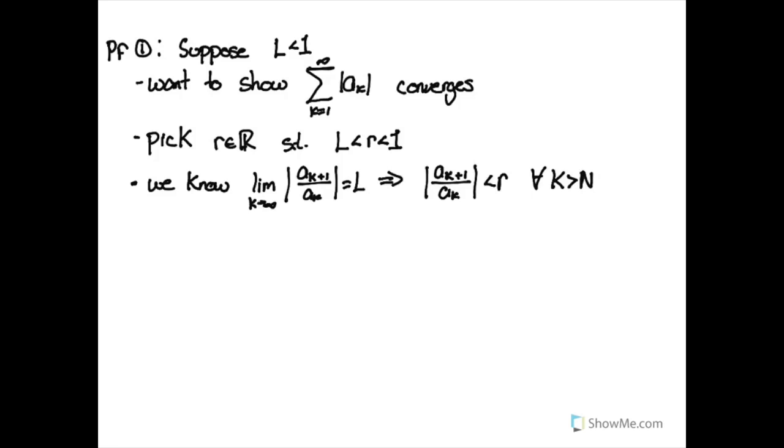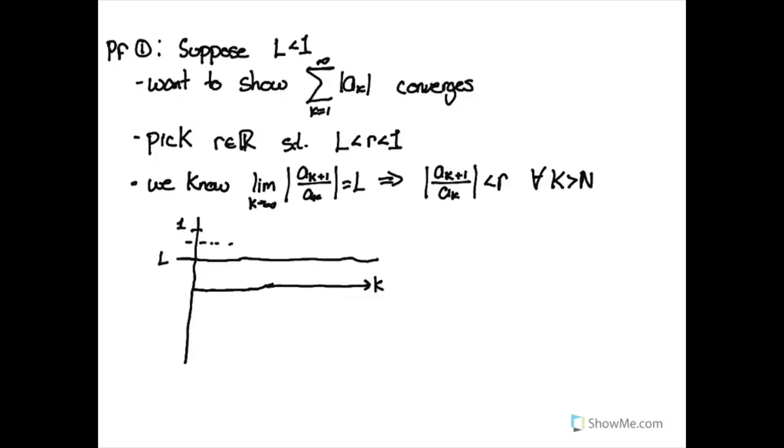Again, this is a sketch of a proof. I'm not doing the full formalities, but if I draw out the sequence, so this here is k, and this here is the value of the sequence, and I have L over here, this is 1, and then this is R, and the sequence, say, looks something like this. I can just jump around.